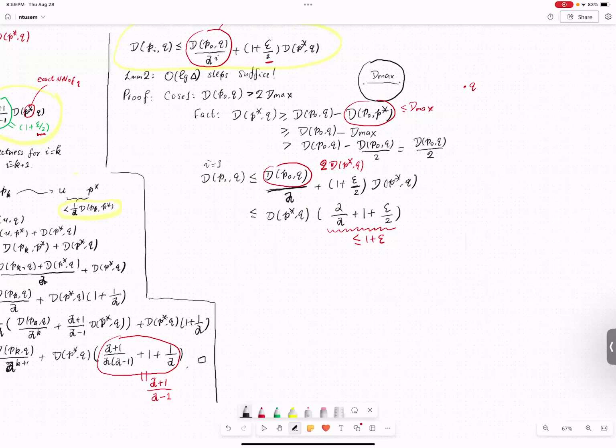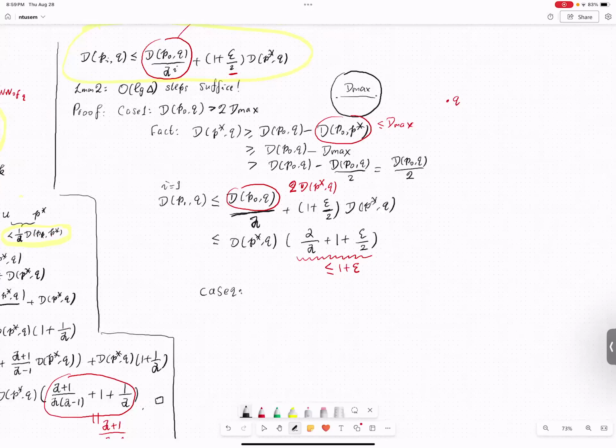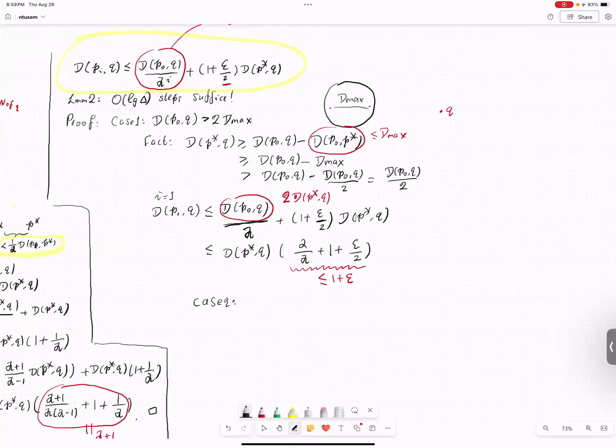Next, let's look at the second case, which looks at a scenario where case 1 does not apply. Immediately we have that d(P0, Q) is bounded by 2 times D max. Also, I do not want d(P star, Q) to be too small.